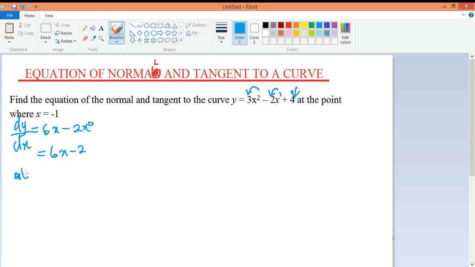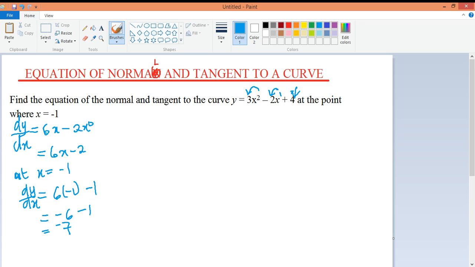At x equal to negative 1, our gradient function dy over dx will be equal to 6 multiplying negative 1, minus 2. This gives us negative 6 minus 2, and that will be negative 8.